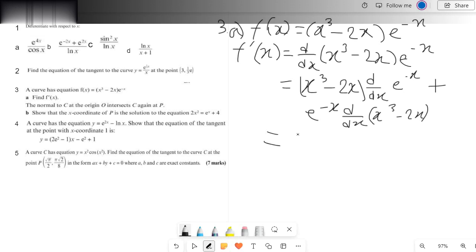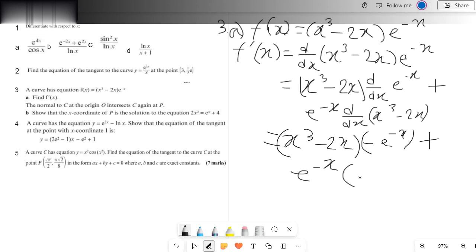So we have x cubed minus 2x multiplied with the derivative of e to the power minus x, which will be minus e to the power minus x using the chain rule, plus e to the power minus x multiplied with 3x squared subtracted with 2.